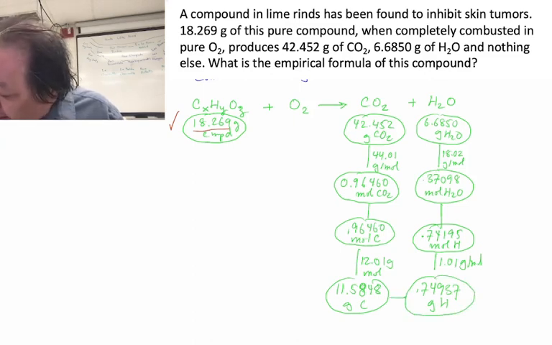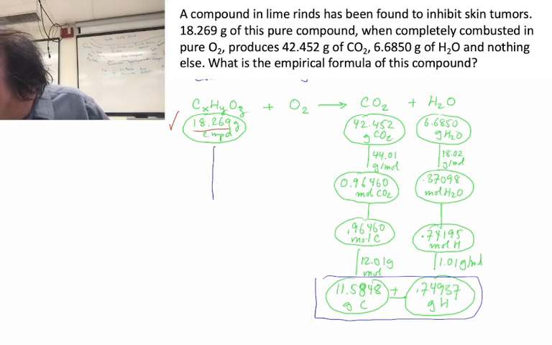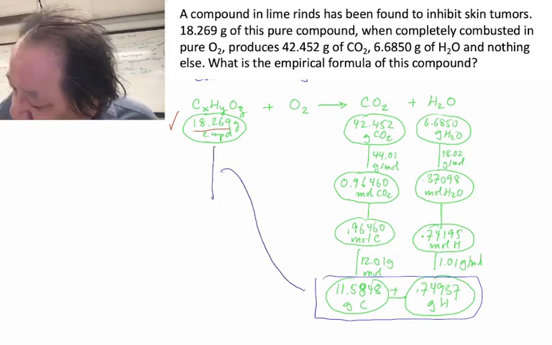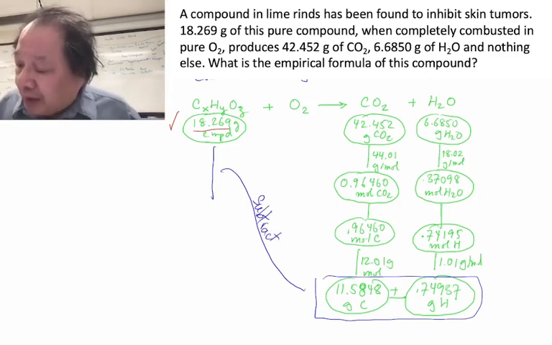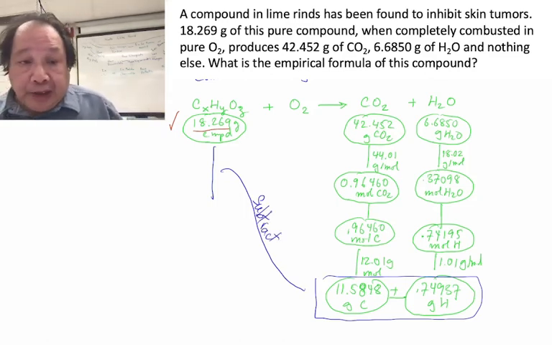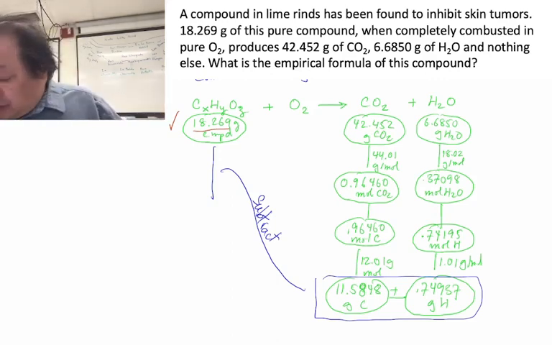We're going to add the grams together, and we're going to subtract that from the grams of the compound, and that will give us the grams of oxygen, since we've now taken out the carbon and hydrogen.